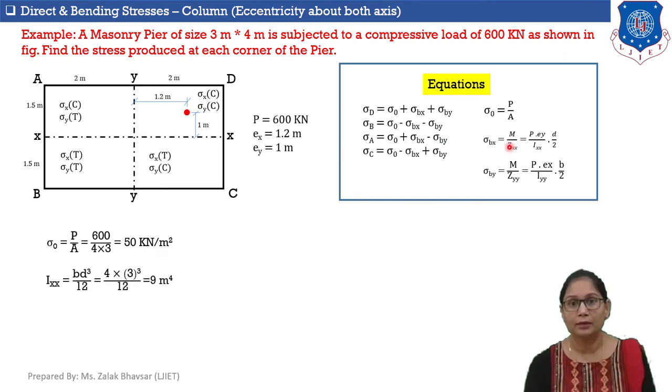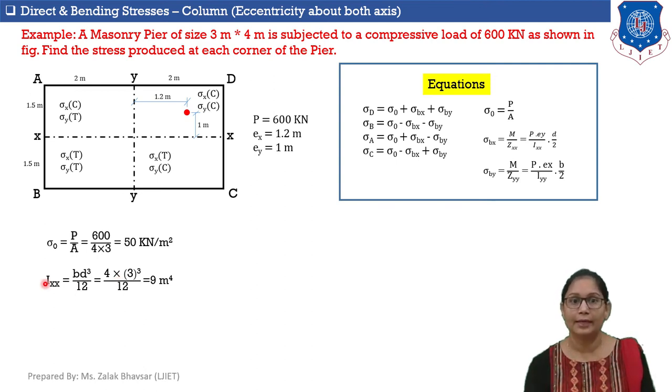Now, for calculating sigma Bx and sigma By, first of all we need to calculate Ixx and Iyy. So for calculating Ixx, which is moment of inertia of this column section about xx axis, it is equal to Bd cube by 12. Here in our case, B is equal to 4 meter and D is equal to 3 meter.